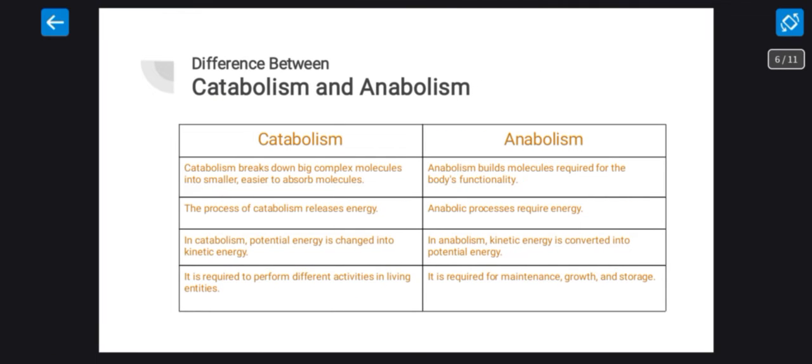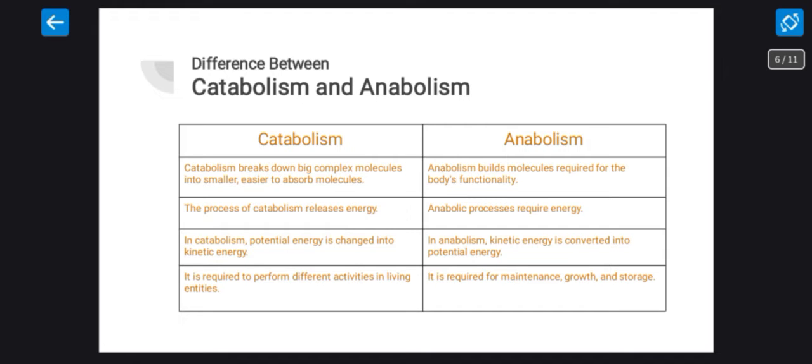Basic differences between catabolism and anabolism are: catabolism breaks down big complex molecules into smaller, easier to absorb molecules, whereas anabolism builds molecules required for the body's functionality. The process of catabolism always releases energy, whereas the process of anabolism requires energy.